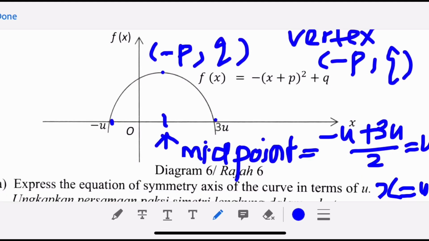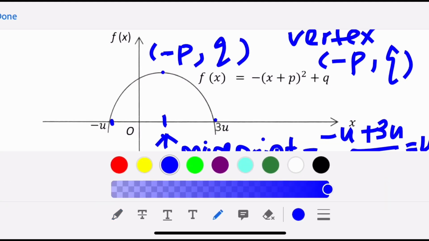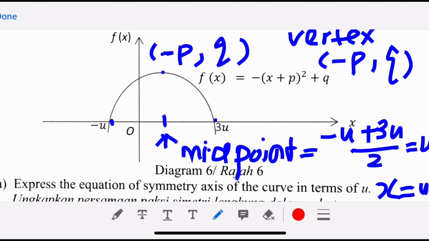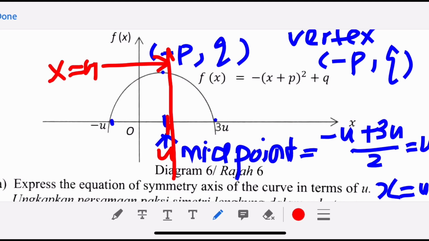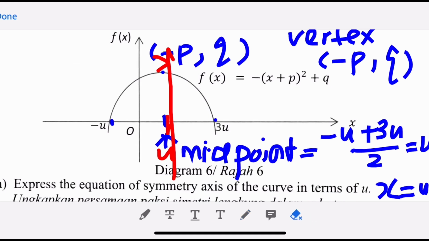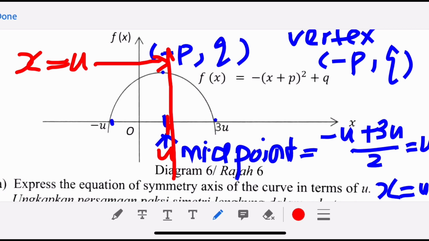So that equation, you draw a line that divides the curve into two equal balanced sides. It should go through the maximum point. That vertical line is called the axis of symmetry. For any axis of symmetry, it must go through the turning point.